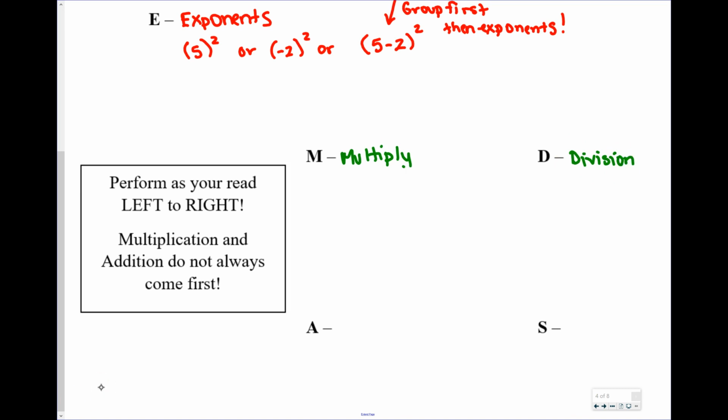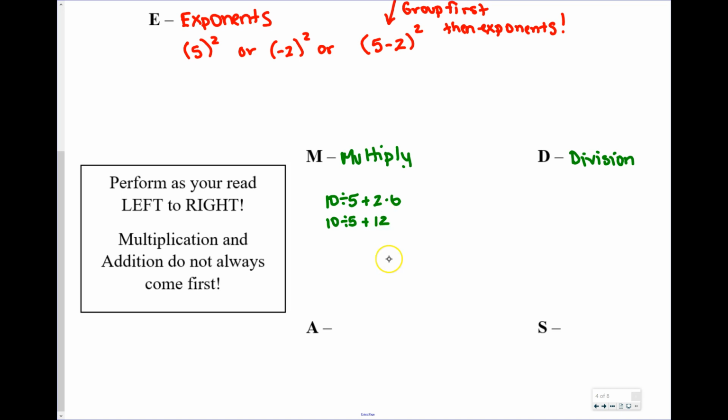Say you have something like 10 divided by 5 plus 2 times 6. Even though GEMDAS has the M first and the D second, when I look at this, I'm not going to jump to the multiplication and say 10 times 5 plus 12. Okay? I'm not going to do that.